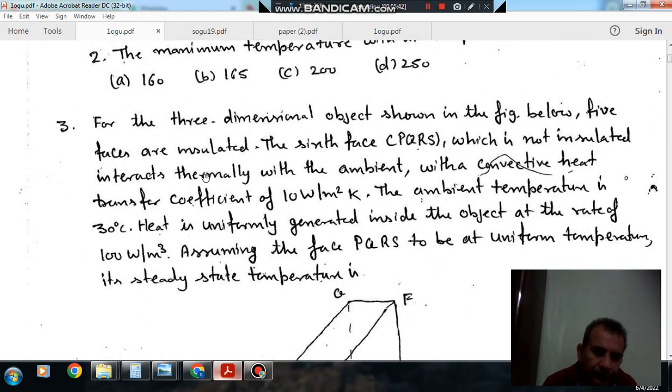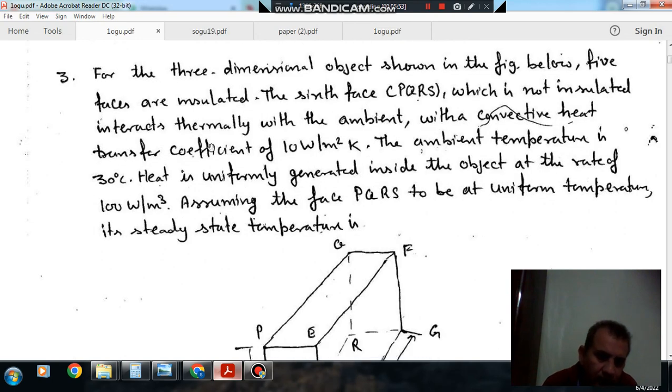Next, for the three-dimensional object shown in the figure below, 5 faces are insulated, and the 6th face PQRS, which is not insulated, interacts thermally with the ambient with a convective heat transfer coefficient of 10 watt per meter square per degree Kelvin. The ambient temperature is 30 degrees Celsius.